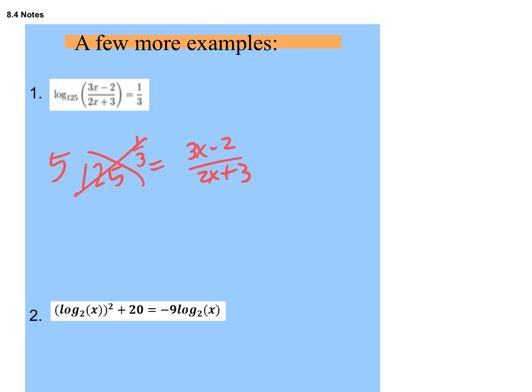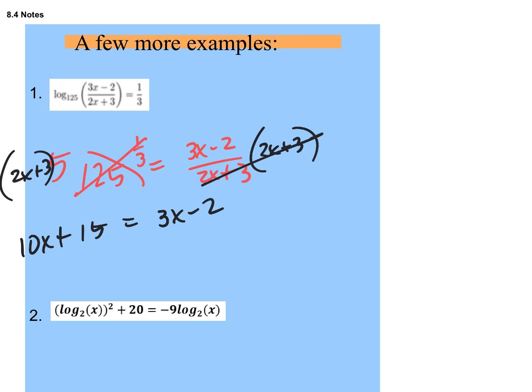What's the next step? Clear the fraction. So multiply by 2x plus 3. Excellent. And this is 10x plus 15 equals, cancels, 3x minus 2. Cut to the chase. What's x equal to? Negative 17 over 7. And I know that's weird, but we even checked it last hour, and it works. Yay.